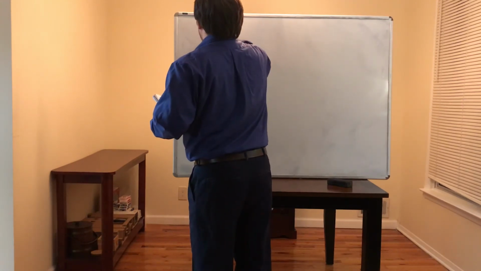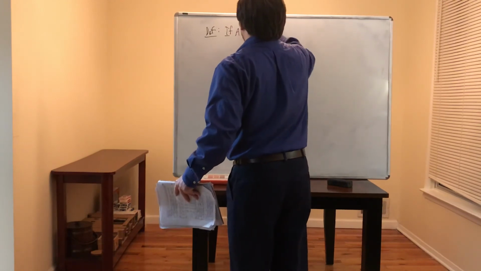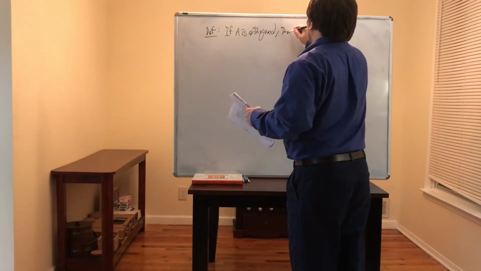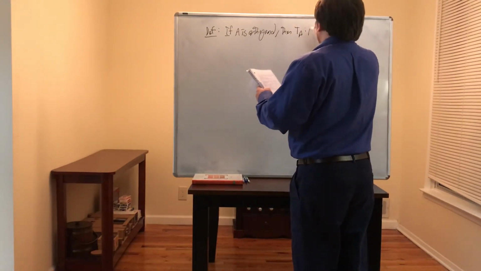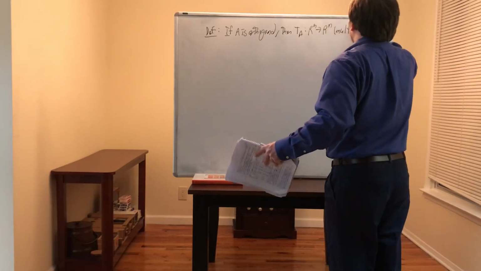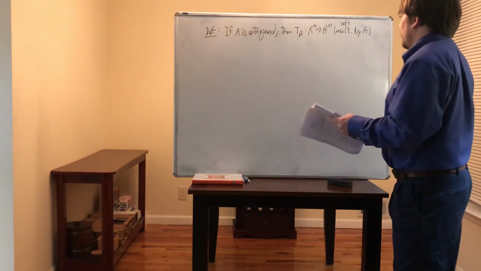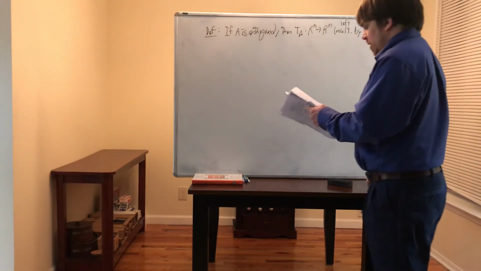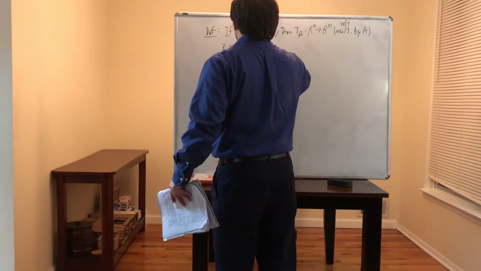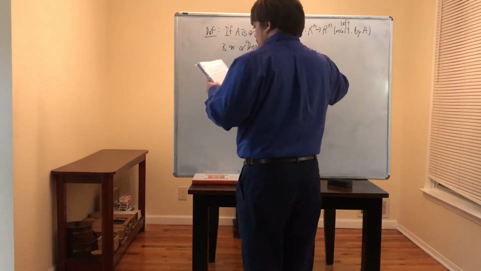Definition. If A is an orthogonal matrix, then T sub A, a function from Rn to Rn, which is left multiplication by A, is an orthogonal operator on Rn.